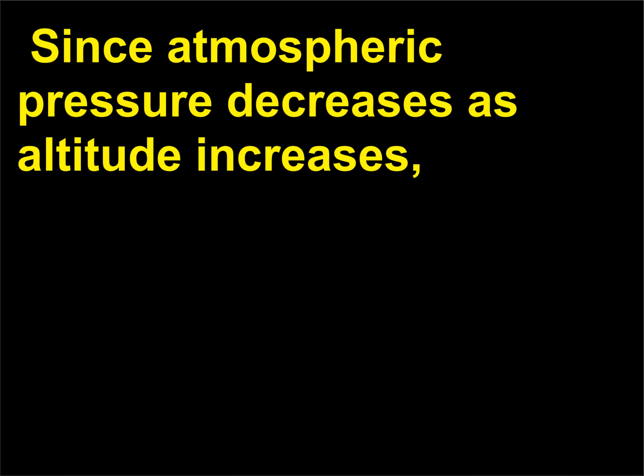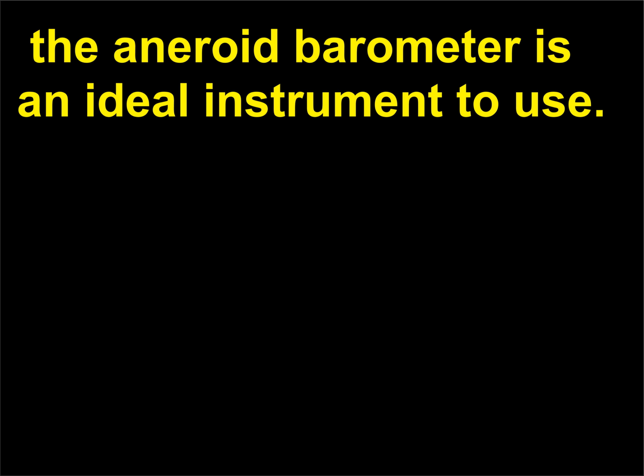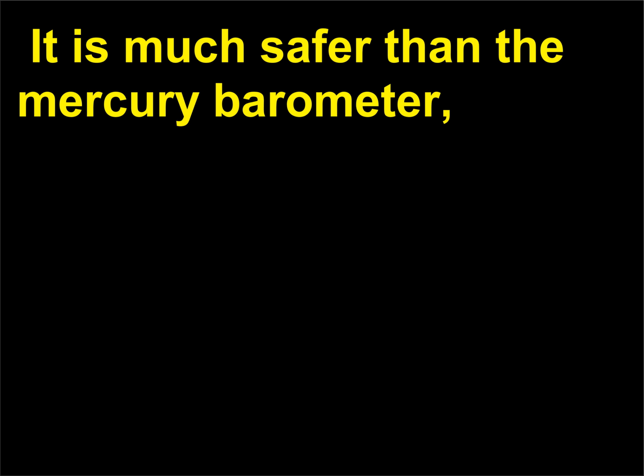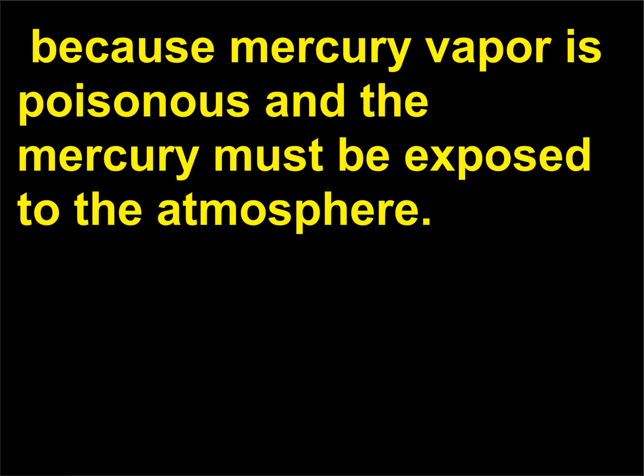Since atmospheric pressure decreases as altitude increases, the aneroid barometer is an ideal instrument to use. It is much safer than the mercury barometer, because mercury vapor is poisonous and the mercury must be exposed to the atmosphere.